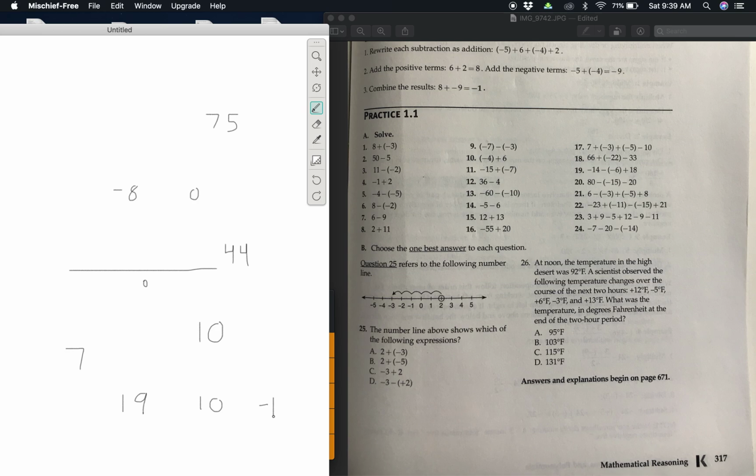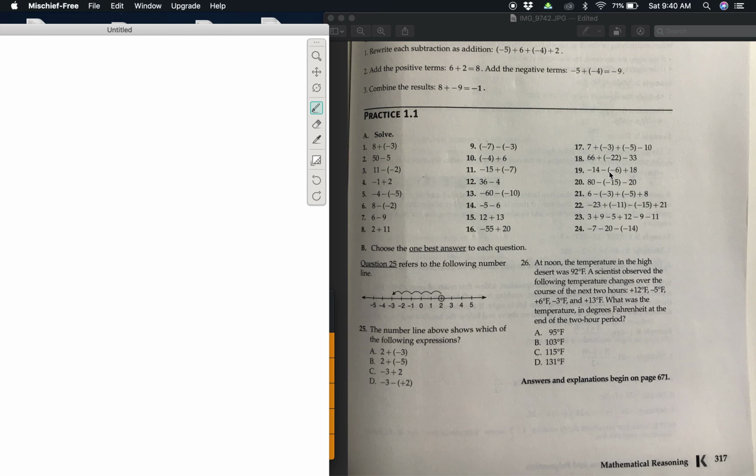Okay. Now, let me clear this first. Number 24 is negative 7 minus 20. So remember, we know this is a minus because, as earlier I showed you, if it was a negative, we wouldn't have two of these minus symbols together.